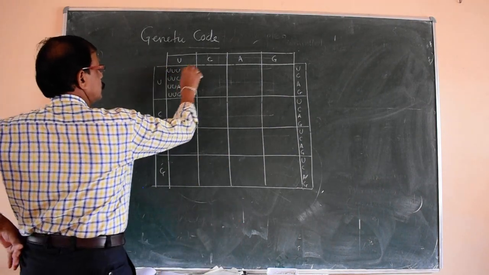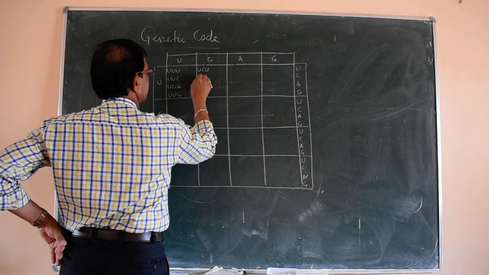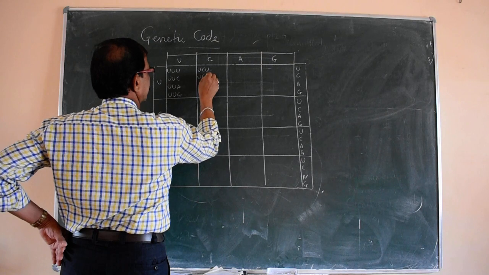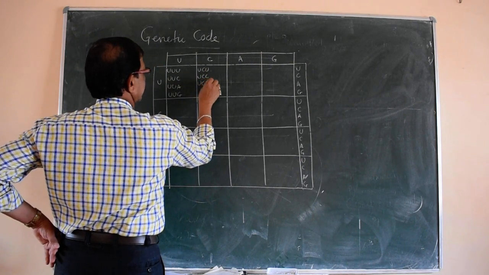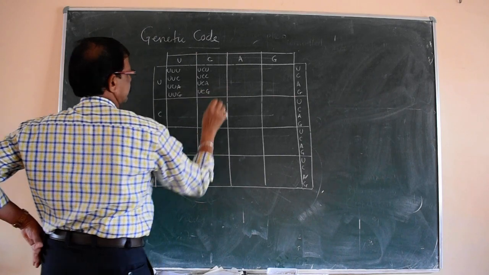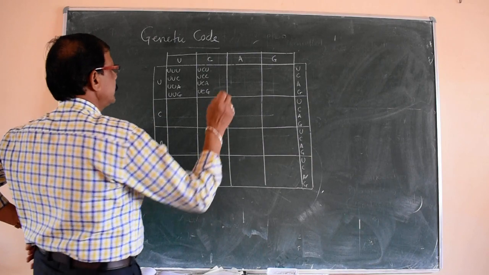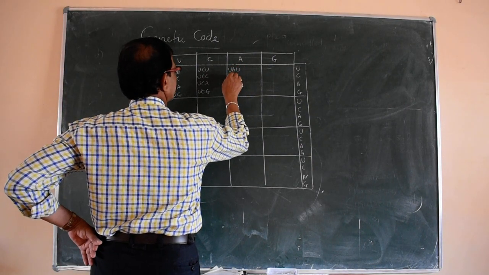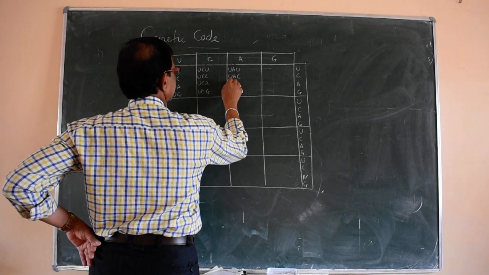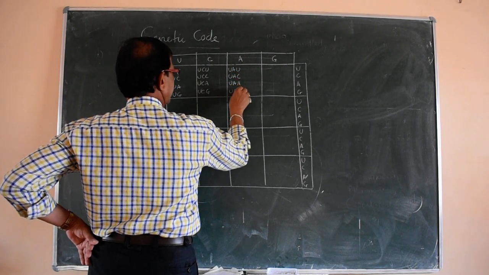Next, UCU, next UCC, next UCA and then UCG. This is also last UCAG. You see. Then next one is UAU, UAC, UAA, UAG.